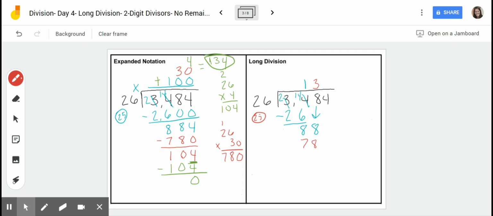So 26 times 3, if we check it to the side, 6 times 3 equals 18, 2 times 3 is 6, plus 1 more is 7, so I'm going to subtract 78. When we do that, we're left with 10, and I have to bring down the next digit.